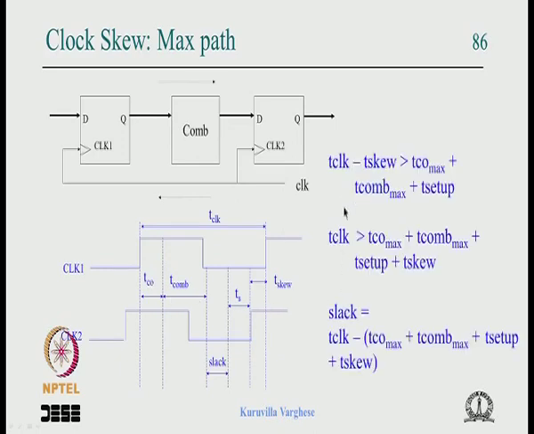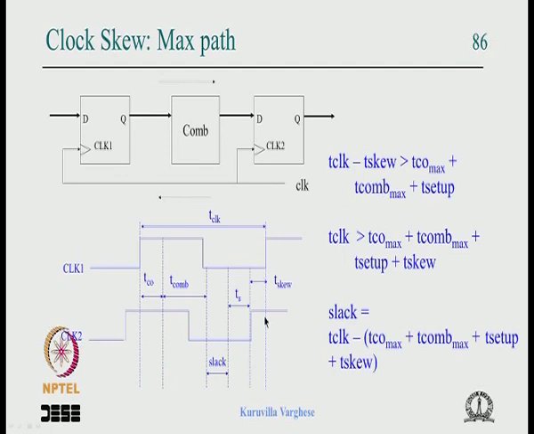So you get the expression: T clock minus T skew should be greater than TCO max plus Tcom max plus T setup, and so T clock is greater than TCO max plus Tcom max plus T setup plus T skew. So what happens is that the clock period increases because of the skew, and the frequency of operation goes down.